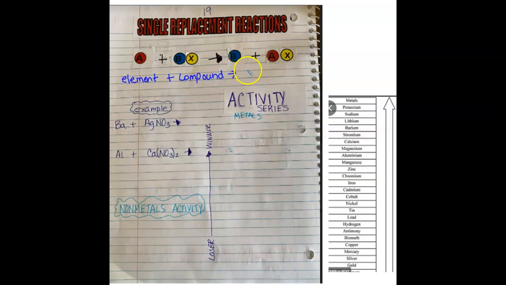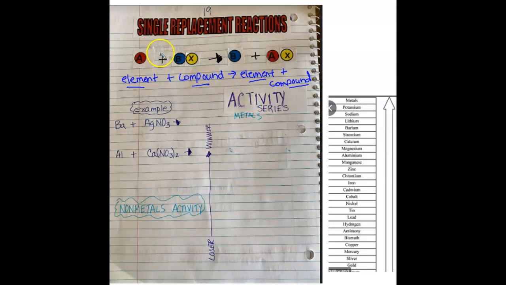They can be flipped around, and that's fine. And it will form another element plus a compound. Okay, so that is how we recognize it versus some of the others that we have. So that is the general element plus a compound gives me a different element and a different compound.